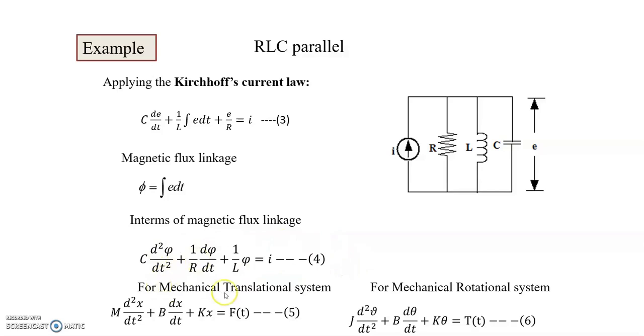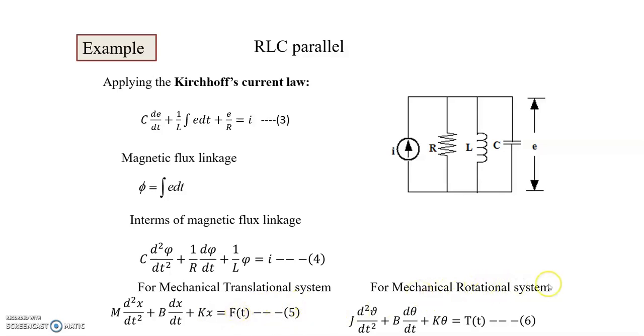You already know the mechanical translation system having one mass, dashpot and spring with applied force: m d²x(t)/dt² plus b dx(t)/dt plus kx is equal to f(t). Name it as equation number 5.